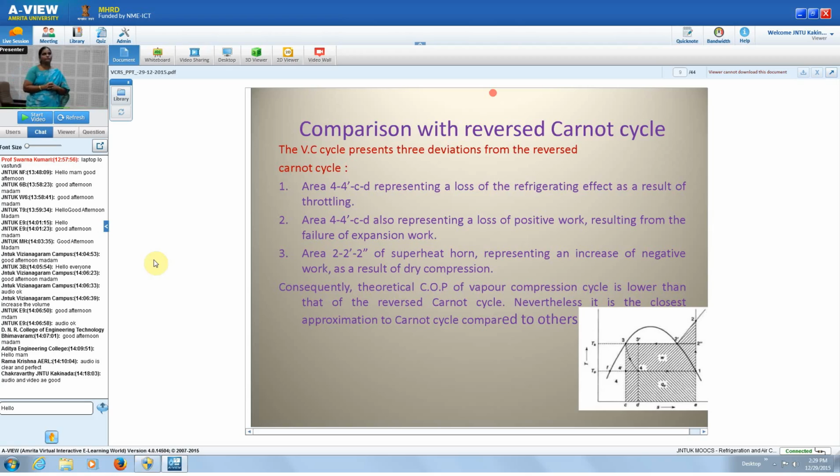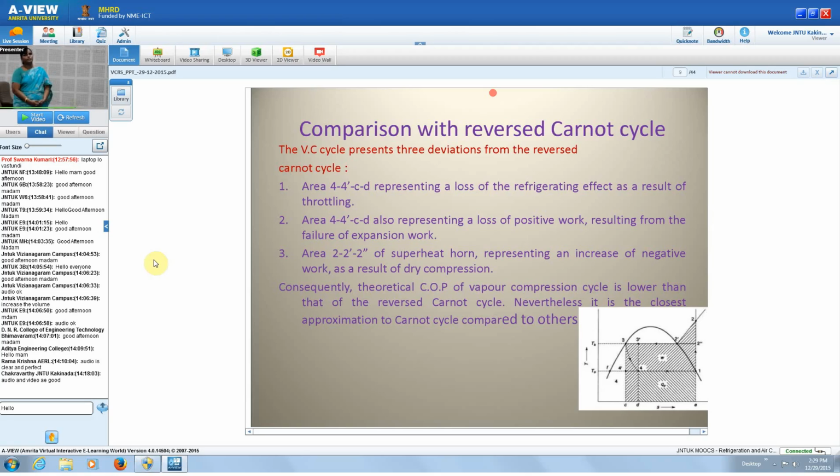The area 4 dash CD also represents a loss of positive work resulting from the failure of the expansion work. We are not getting any work from the expansion, whereas in the reversed Carnot cycle we are getting some work.